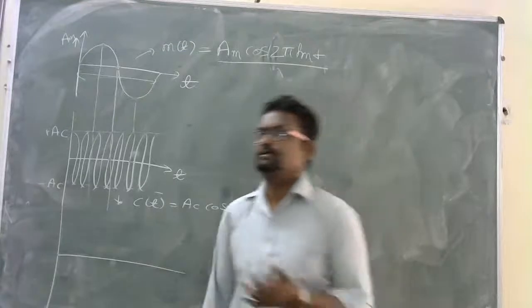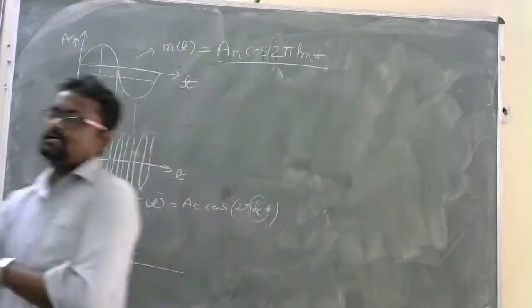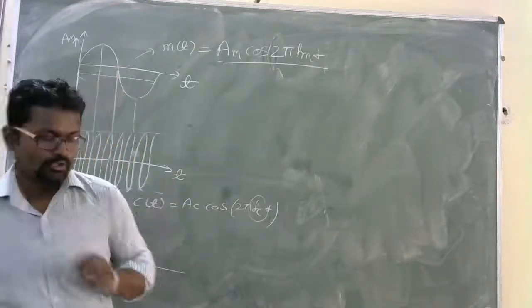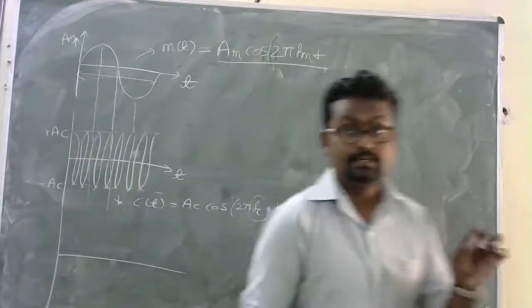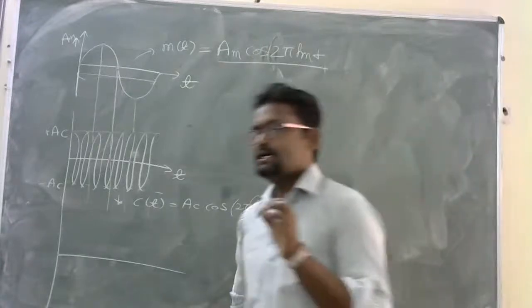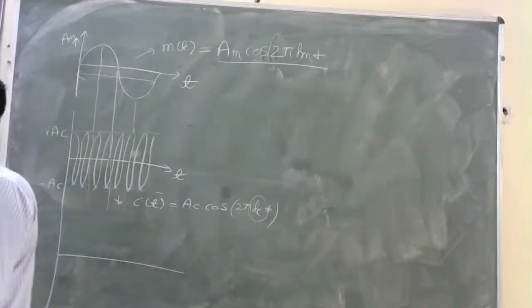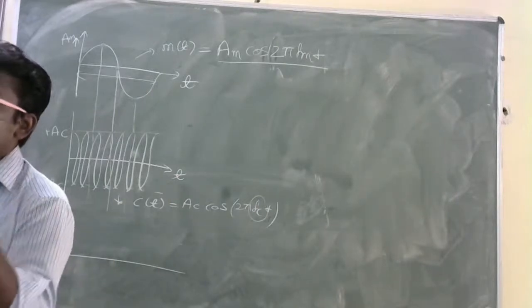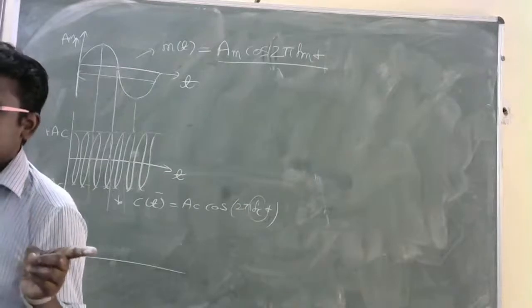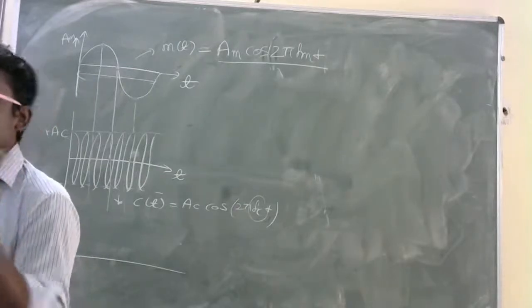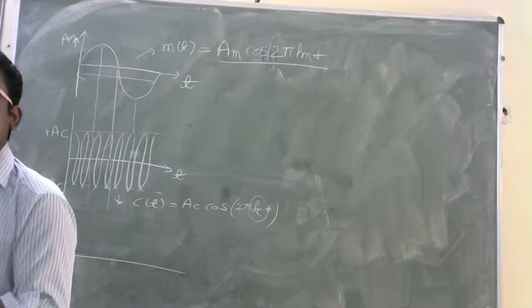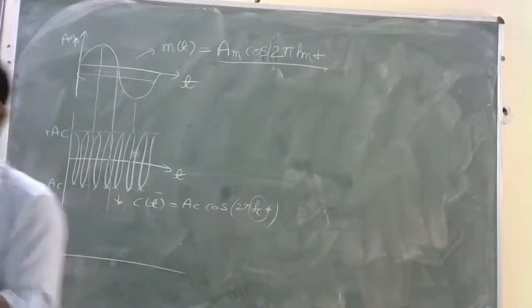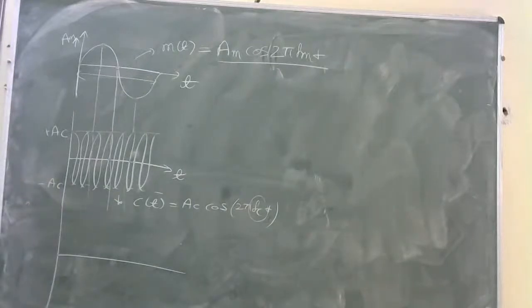Suppose you consider a numeric example: before modulation the frequency of the carrier signal is 100 hertz, and after modulation this 100 hertz will change into 120 hertz. Okay, so 120 is the instantaneous frequency, and 100 is the carrier frequency. 100 is the carrier frequency before modulation, and 120 is the carrier frequency after modulation.